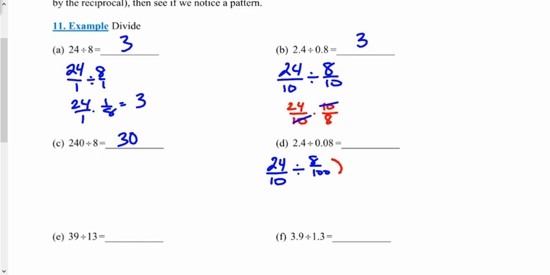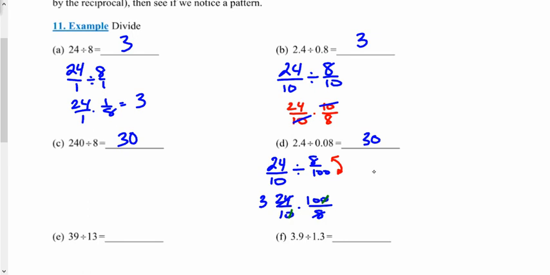Then this gets flipped so that we have 24 tenths times 100 eighths. Now let's do some reducing. Those cancel. And now I've got, oh, I can also cancel here and here too, right? There we go. 3 times 10 is 30.